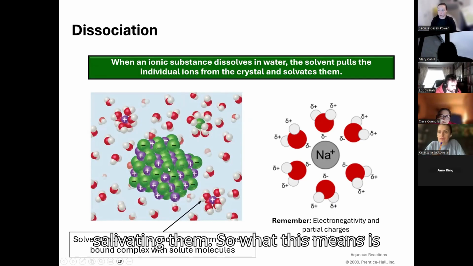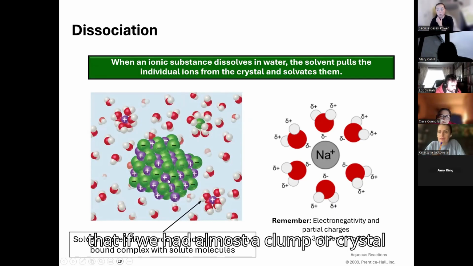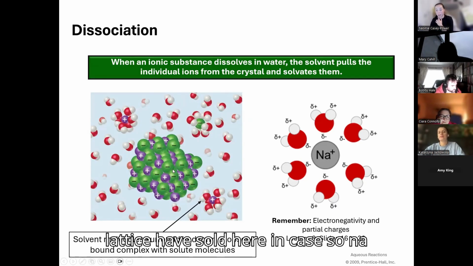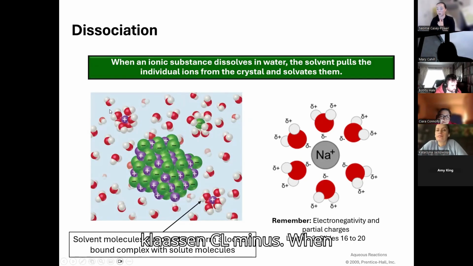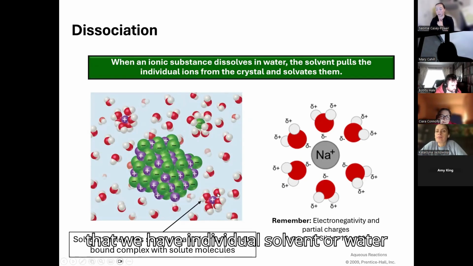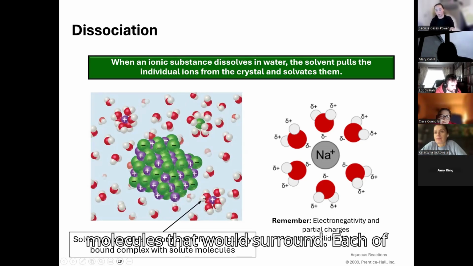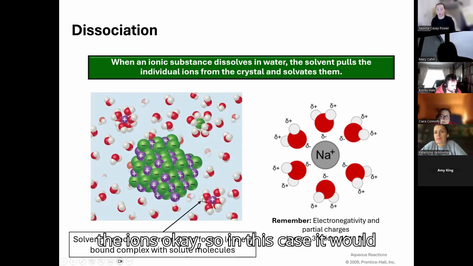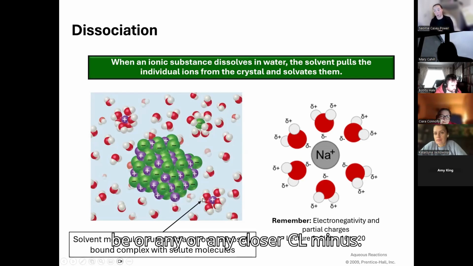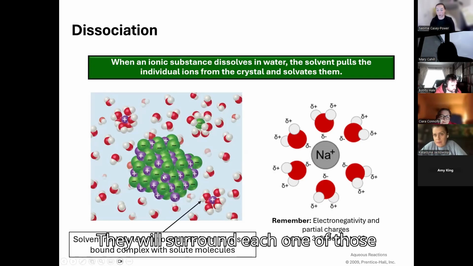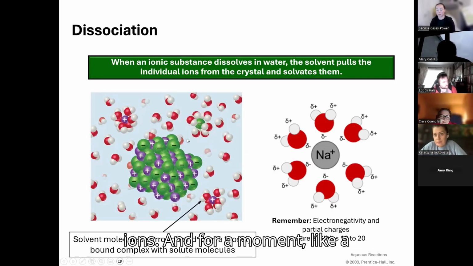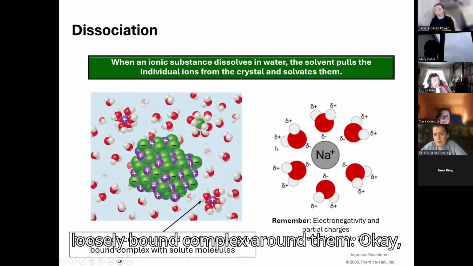So what this means is that if we had almost a clump or a crystal lattice of salt here, so Na+ and Cl-, when we add that to water, we have individual solvent or water molecules that will surround each of the ions, in this case your Na+ or your Cl-. They will surround each one of those ions and form almost like a loosely bound complex around them.